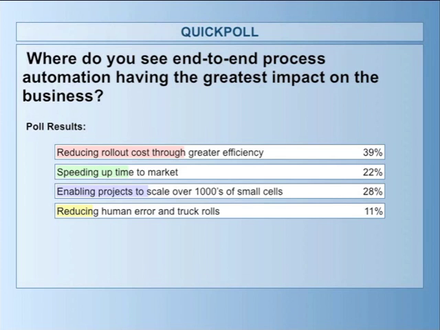It's one thing to have a plan for a few tens of macro cell rollout projects, but when you come to hundreds or thousands of small cells, the whole problem gets a lot more complicated, and particularly, as I said, with the backhaul challenges as well. And then the third there is speeding up time to market, followed by reduced human error on the truck rolls.